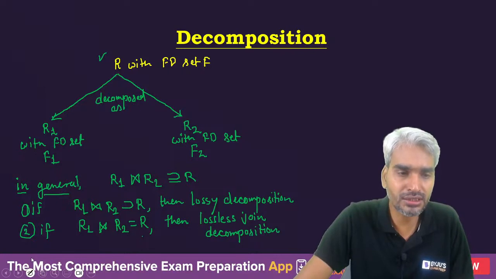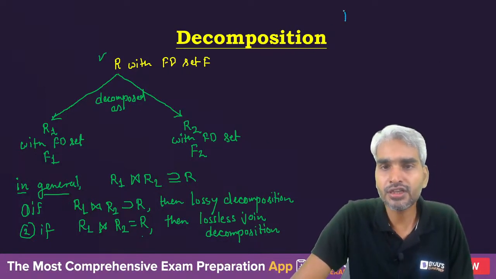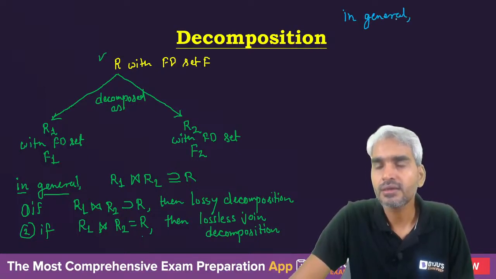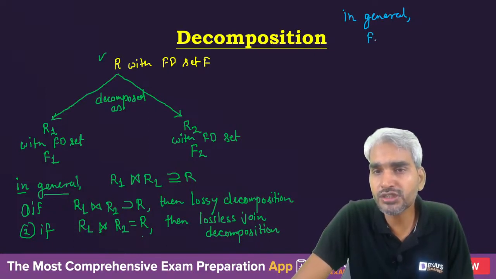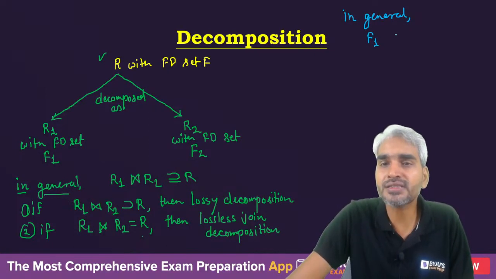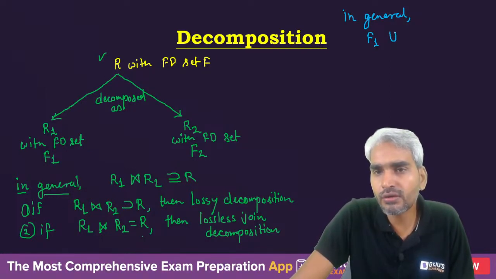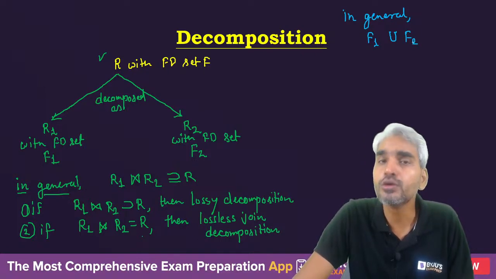What is the information with respect to the FD side? So second, in general, when you perform the decomposition, then take the union of the FDs present in the FD set F1 with the FDs present in the FD set F2. So let's try to understand.